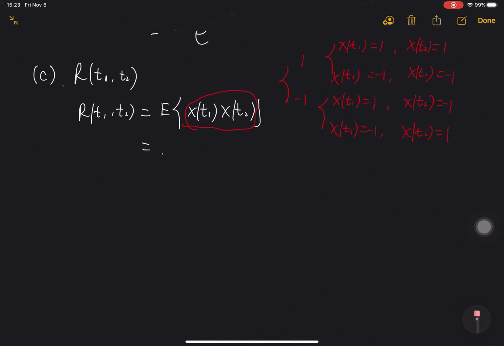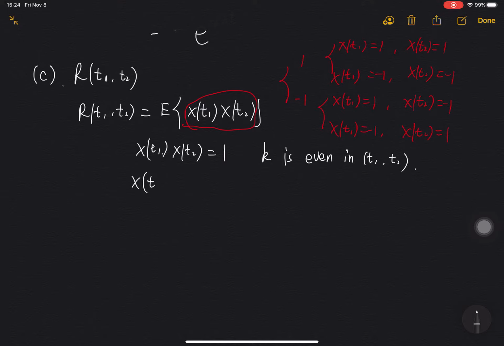In the X(t1) times X(t2) equals 1 situation, it's all related to k being even in (T1, T2).